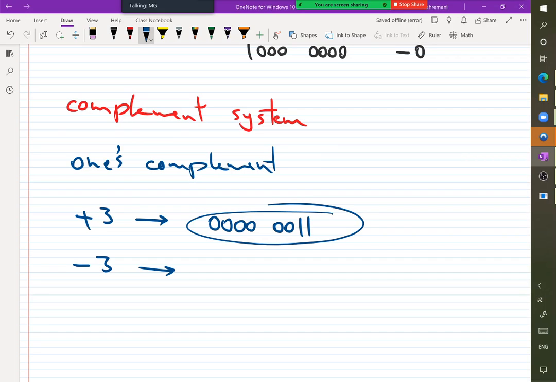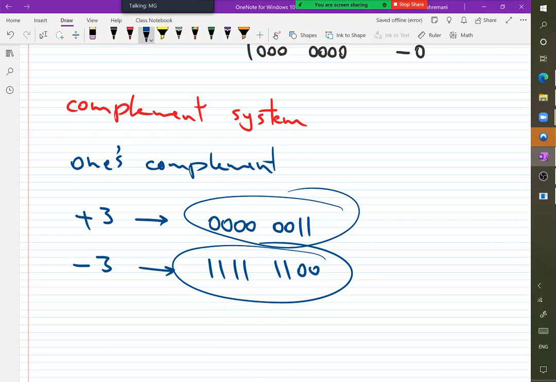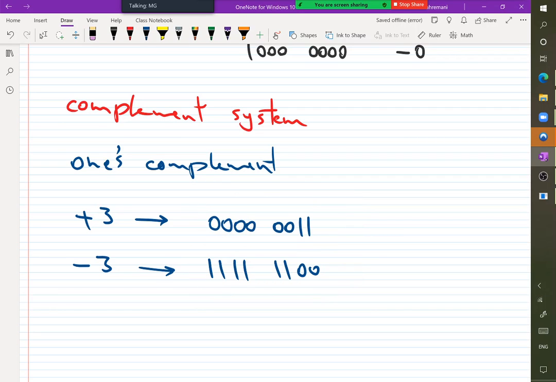So negative 3 will be 1, 1, 1, 1, 1, 1, 0, 0. That's it. Just complement all bits of a number to get the negative.